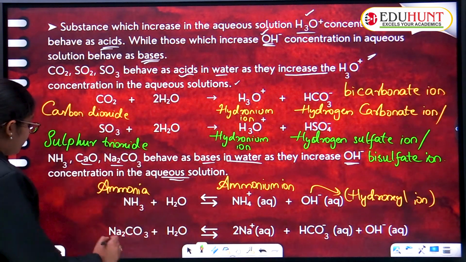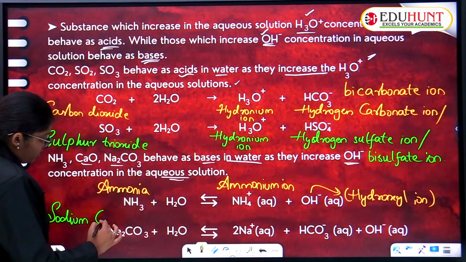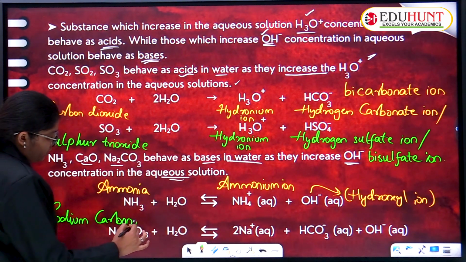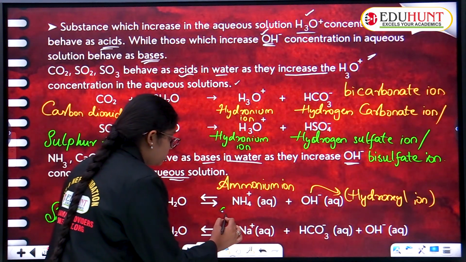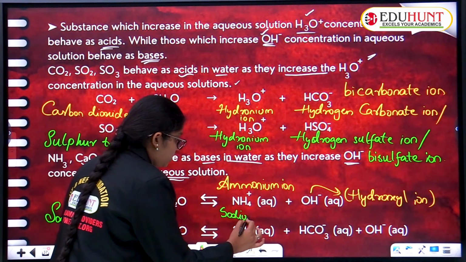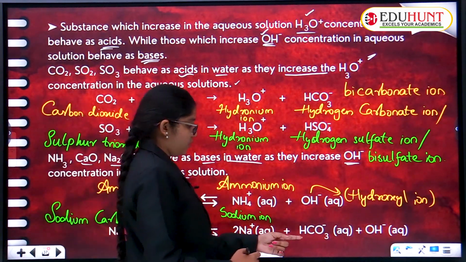Now sodium carbonate, what is this? Sodium carbonate upon reacting with water gives rise to two sodium ions in aqueous solution. Now here, HCO3 minus, what is this?